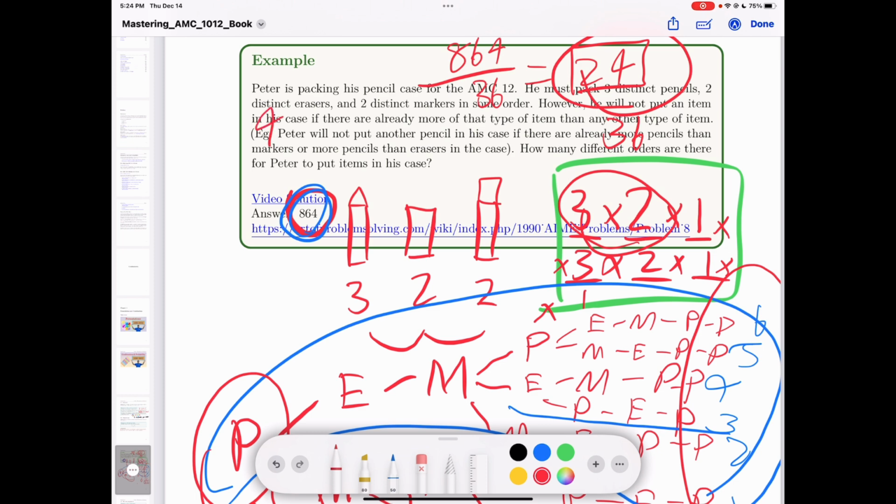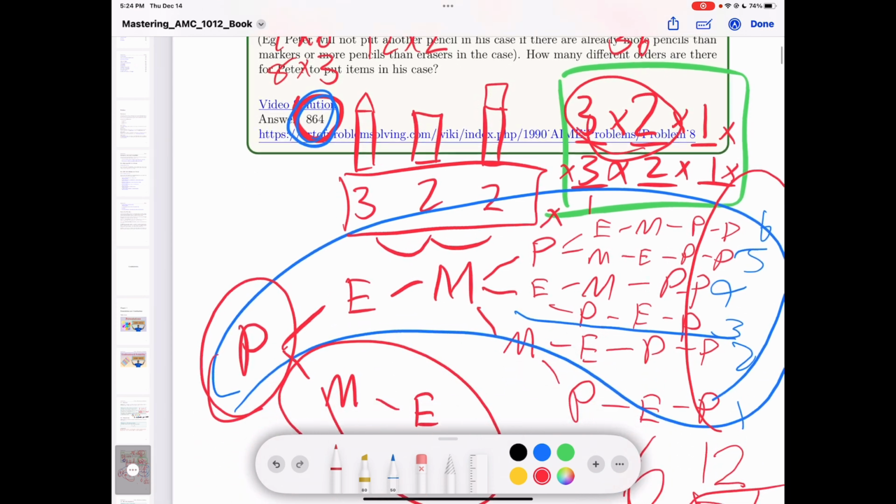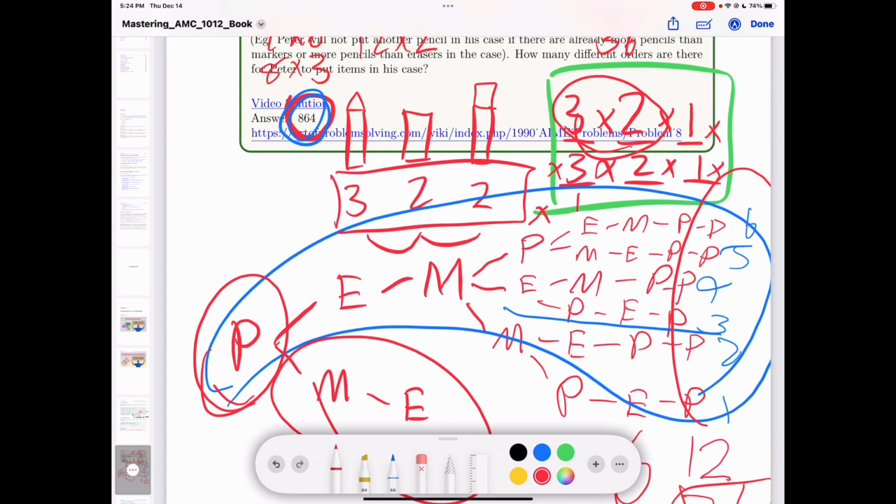What are the factors? So 24, 4 times 6, that works. 8 times 3. What are these multiplied together? These multiplied together is 12. Oh, there's also 12 times 2. Maybe there's something about multiplying these together, perhaps. Oh, I see. Oh, that makes sense. Yes. Because the P here can change 3 times.